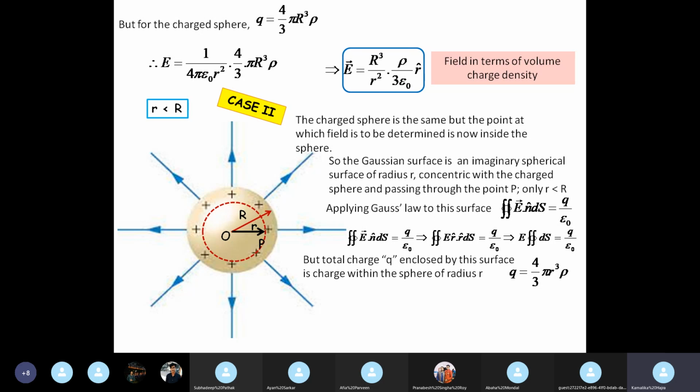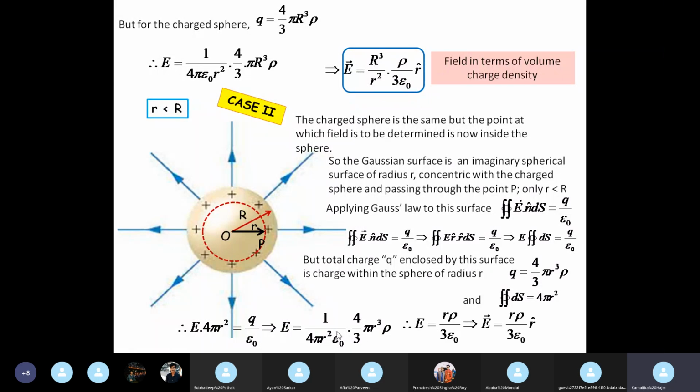Okay. So now in Gauss's law, we write E into 4 pi r square equal to Q by epsilon naught. So E is 1 by 4 pi r square epsilon naught into 4/3 pi r cube rho. Okay. So see, now the capital R value does not have any role to play in the expression of E. So E is just r rho by 3 epsilon naught.